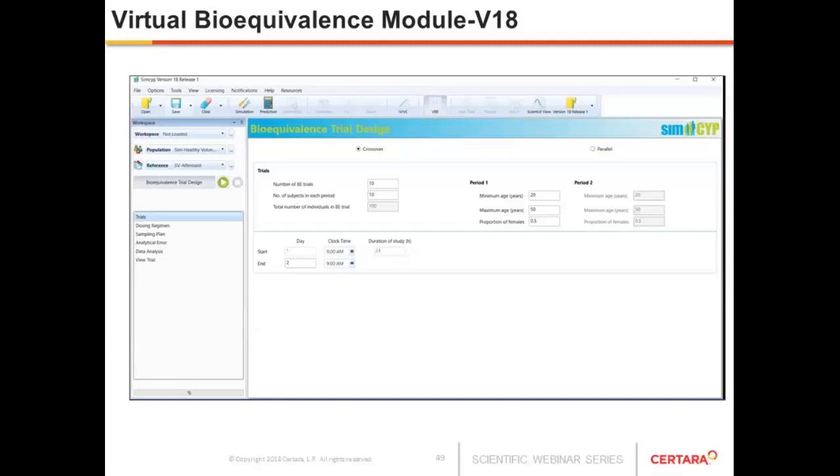So it's a combination of a substrate in different population files, and also the combination of different substrates, reference and test, in the same population that will be possible going forward for the virtual bioequivalence module. But currently in version 18, the user can do the two basic trials, crossover and parallel.